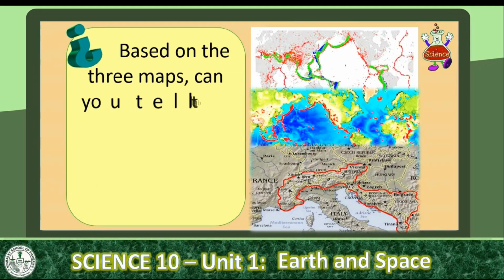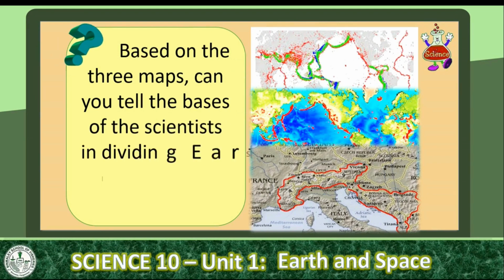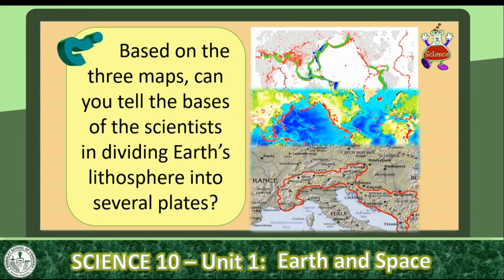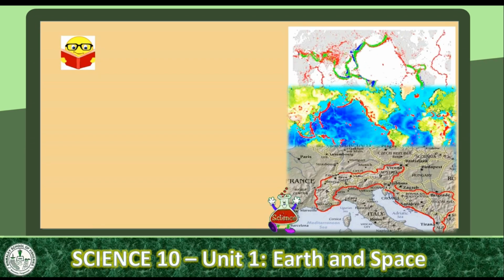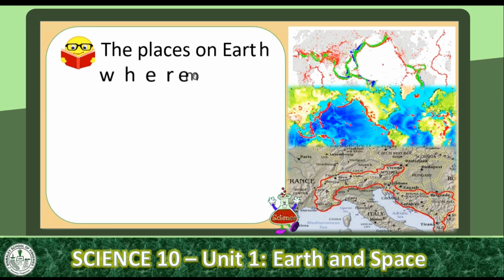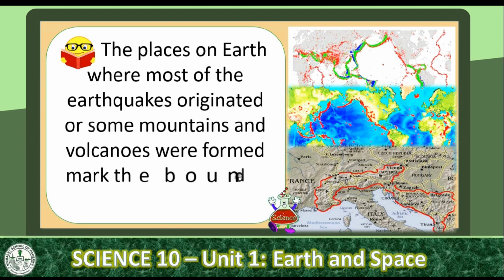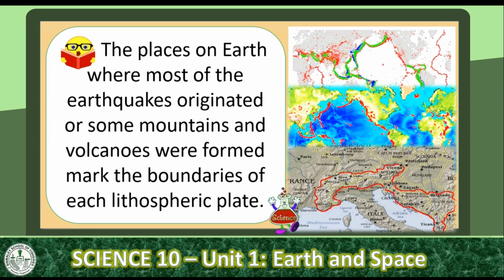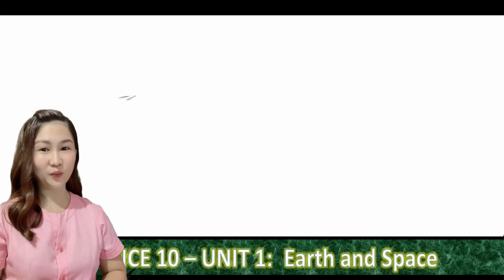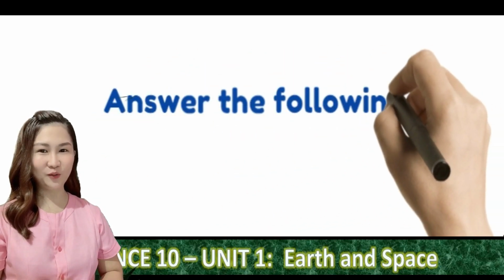Based on the three maps, can you tell the basis of the scientists in dividing Earth's lithosphere into several plates? The places on Earth where most of the earthquakes originated or some mountains and volcanoes were formed mark the boundaries of each lithospheric plate. To summarize what you have learned, answer the following questions.